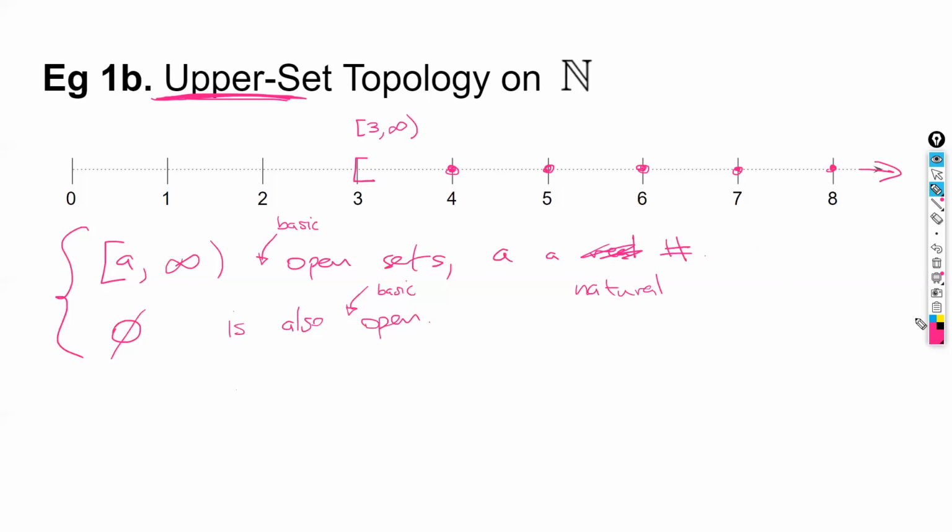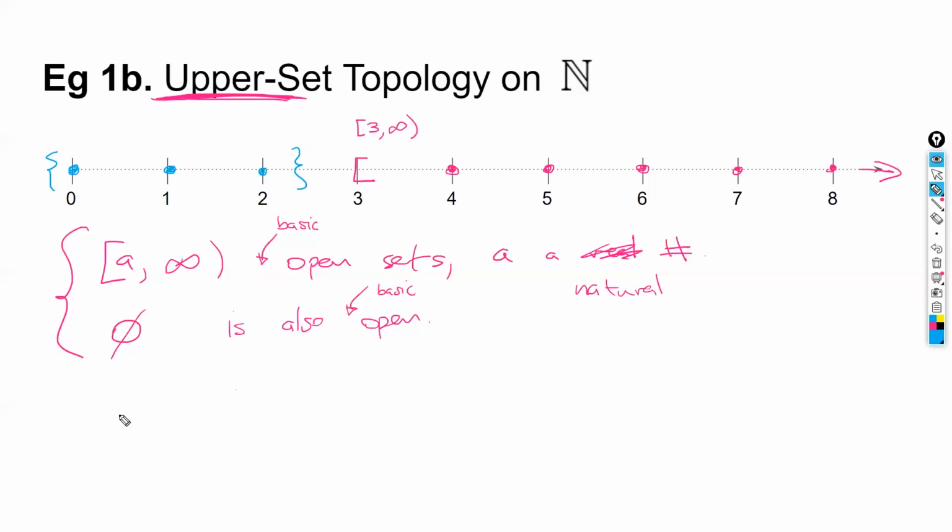Maybe kind of a silly observation, but one that will take us to the next example that I wanted to show you, is that for any one of these open sets, any one of these upper sets on the natural numbers, if you look at the complement of that set, so in other words, all the points that are not in this set, so in this case, the complement of 3 to infinity is 0, 1, and 2. This is always a finite set.